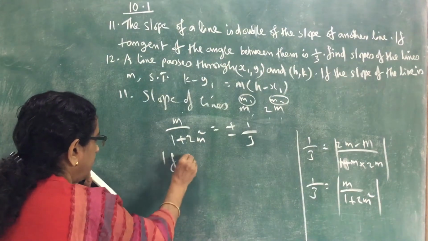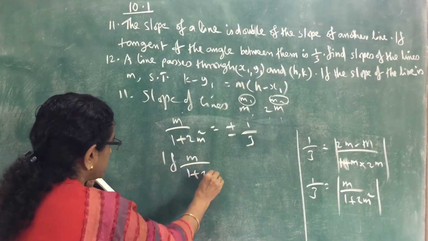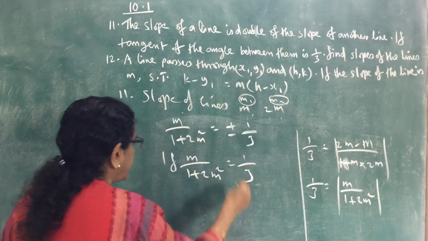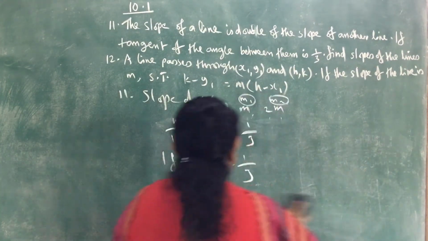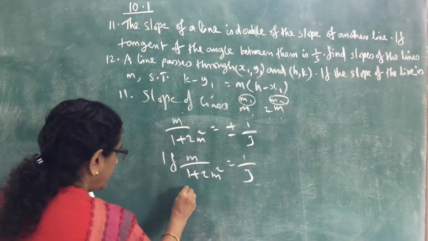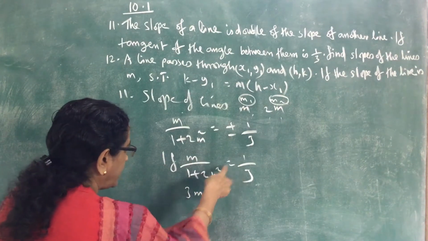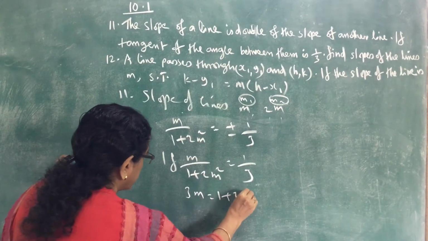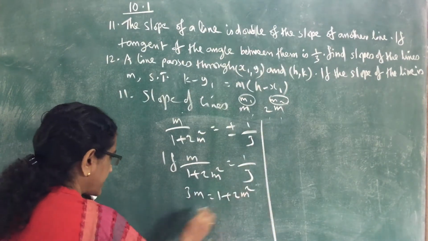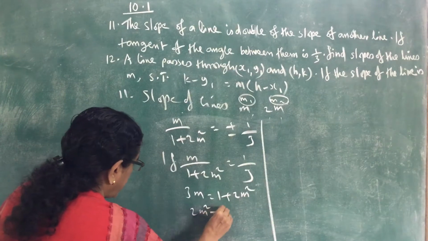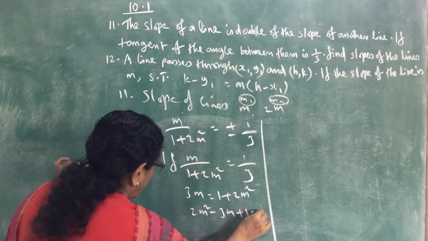If m divided by 1 plus 2m square equals 1 by 3, we have to find the value of m. Cross multiplying, 3m equals 1 into 1 plus 2m square. Taking 3m to the other side, 2m square minus 3m plus 1 equals 0.